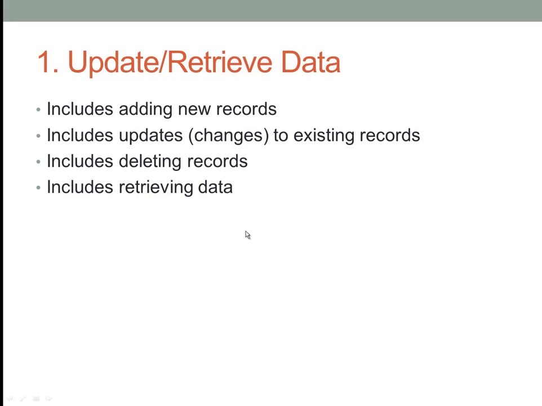Now, at first glance, this might seem like pretty basic stuff, but when you think about it, for example, changing a record, what really has to happen is first I have to ask to see the record. So I have to have a way to narrow it down to the record that I want to change.